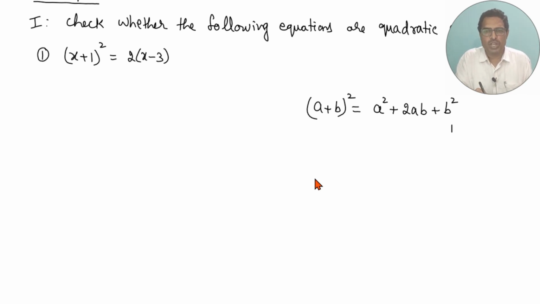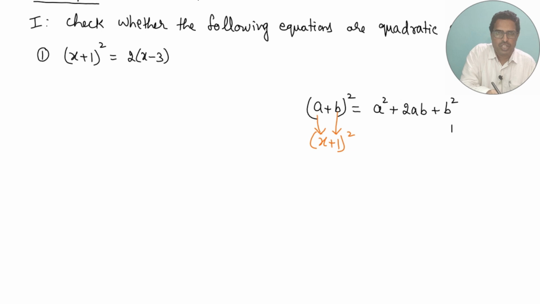Here we have the expression x plus 1 whole square, which means the value of a is x, and the value of b is 1. So let us plug in the value of a to be x and the value of b to be 1.